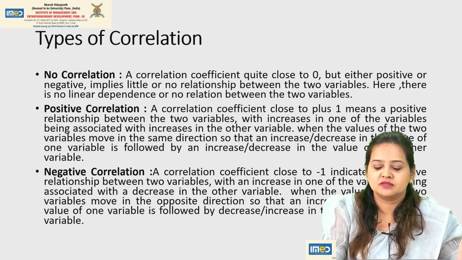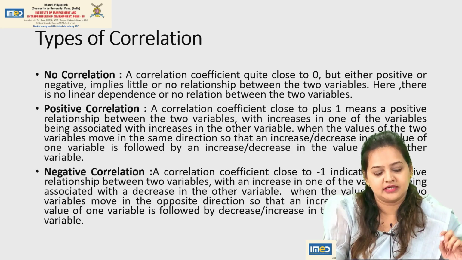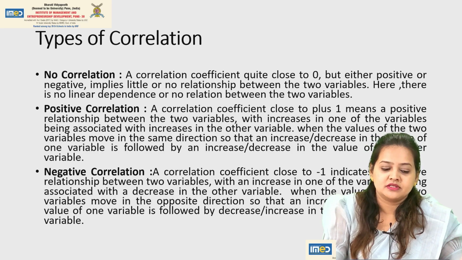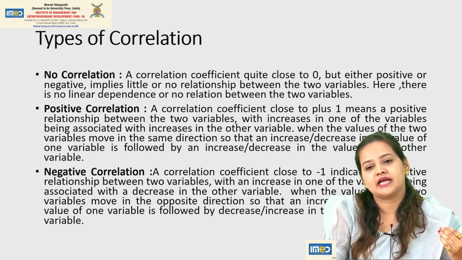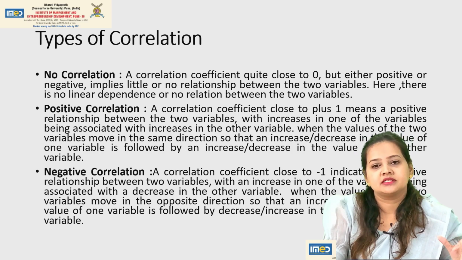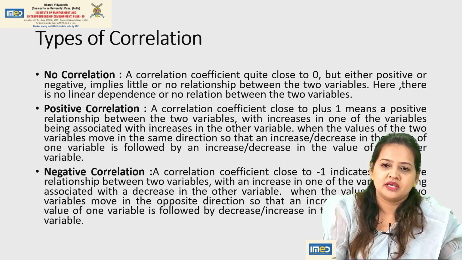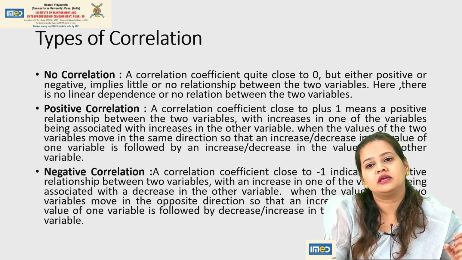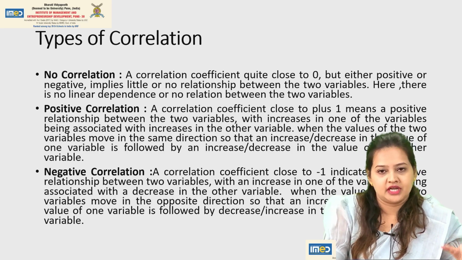Speed is equal to distance divided by time. As the speed goes on increasing, the time goes on decreasing. As the time increases, the speed decreases. This is a perfect example of negative correlation, wherein the two variables, speed and time, are going in exactly opposite directions.